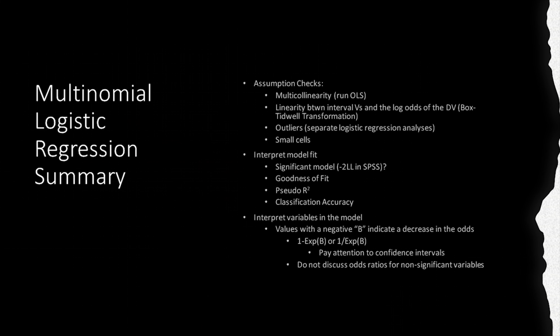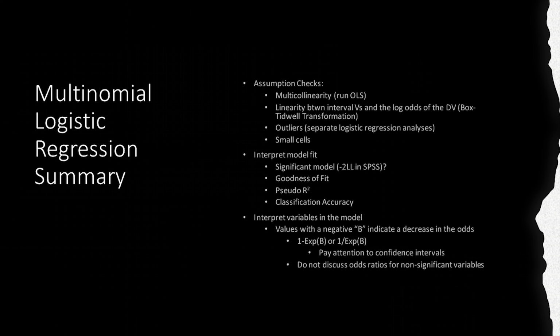So instead, what you have to do is run separate logistic regression analyses where you're comparing your reference category to each of those other groups of interest for the other categories of your dependent variable. When it comes to multicollinearity though, you can just do the exact same thing, just run OLS, because remember, multicollinearity doesn't care about the nature of your dependent variable. It's all about your interval level independent variables.